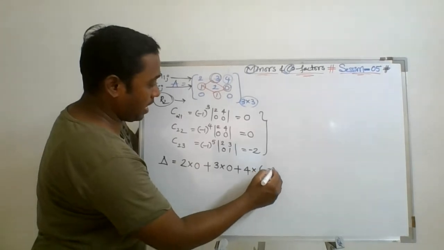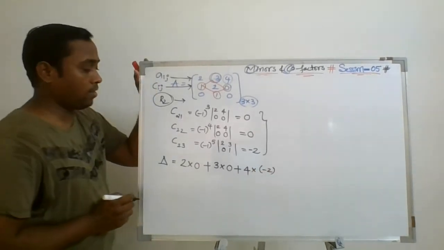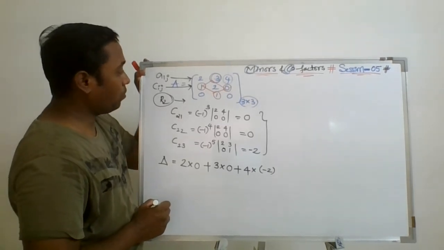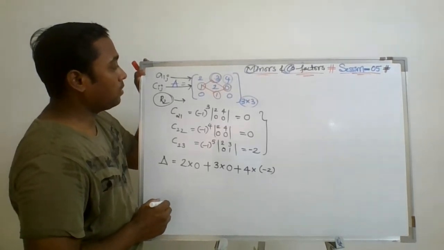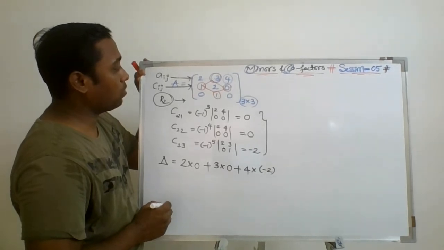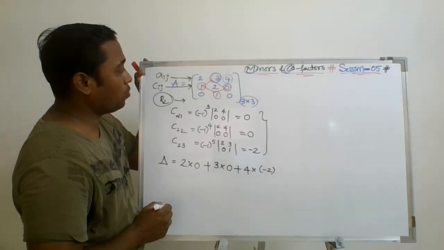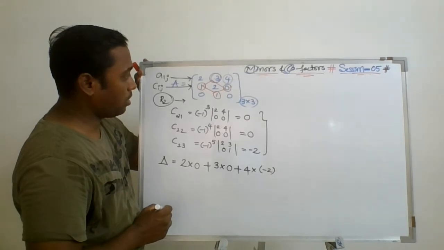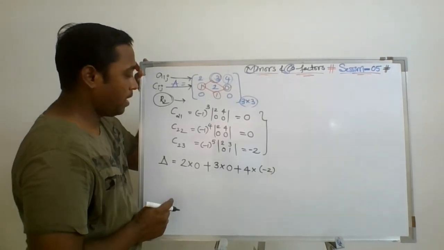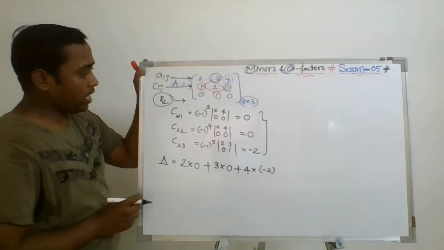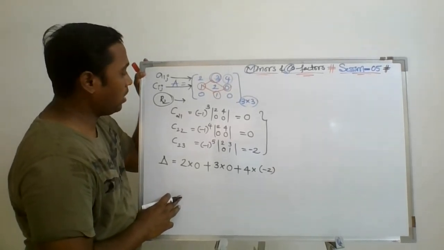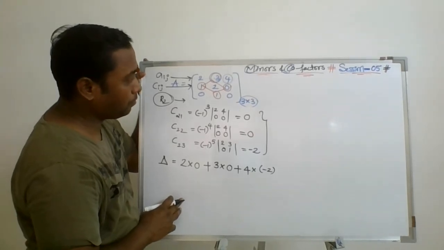I think some mistake has been done. Otherwise, the answer must be 0, right? If I found this determinant like 2, 0, 0, 0 and 3, eliminating this 2, 0, 0, 4, 1 minus this 4, the determinant is 4. Now, there is some mistake I think, otherwise the determinant value would definitely be 0.